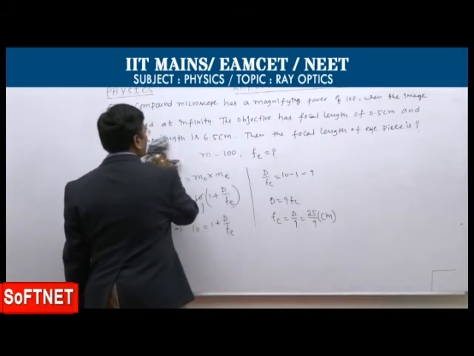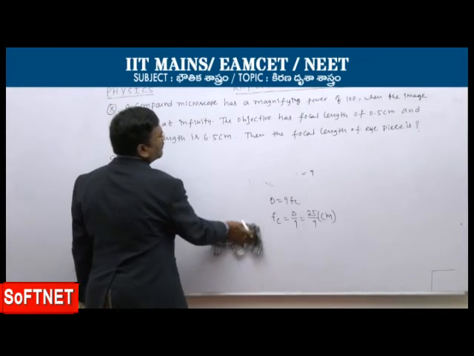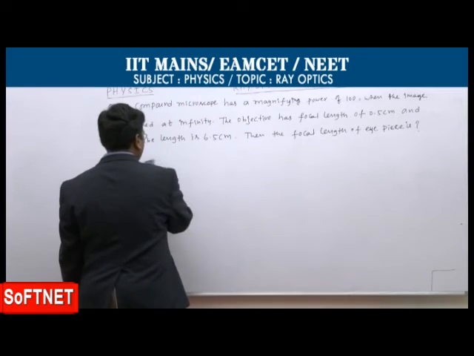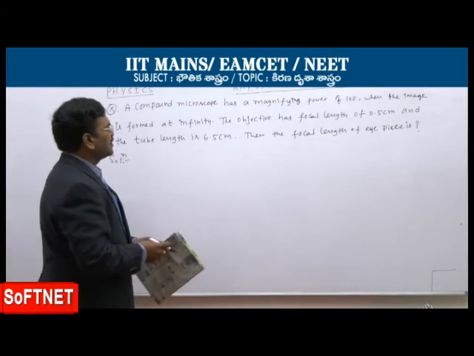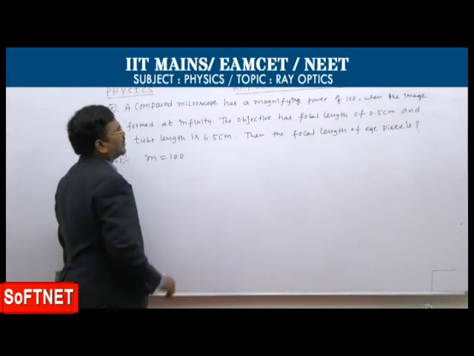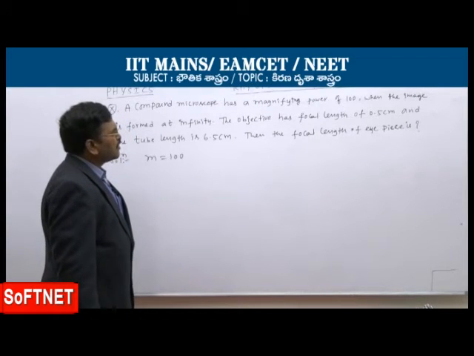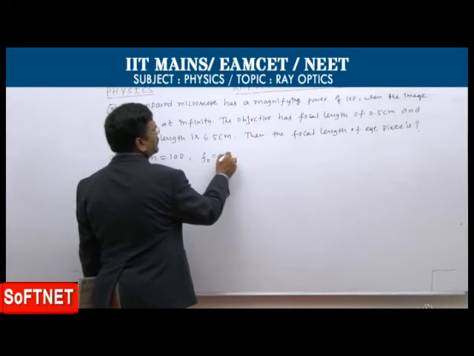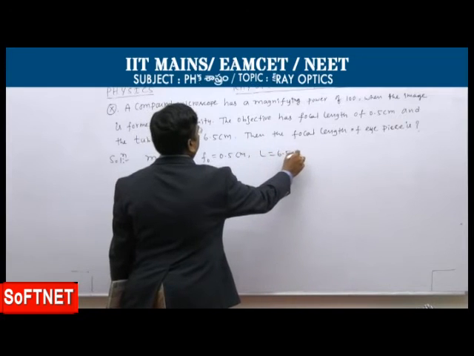Here, what do we have now? A compound microscope has a magnifying power of 100. Total magnifying power M is equal to 100, when the image is formed at infinity. The objective has a focal length F naught of 0.5 and tube length L is 6.5 centimeters.